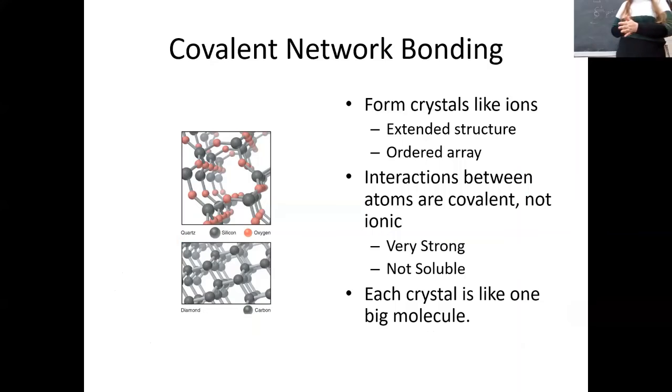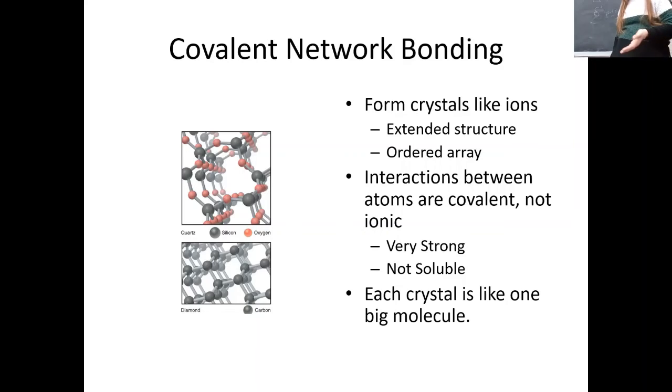Okay, so we call that kind of crystalline bonding covalent network bonding. Each individual interaction is a covalent interaction, and that means it's strong, typically stronger than an ionic interaction. But it extends in all directions, so it forms crystals like ions do. We call this an extended structure, and it is ordered.